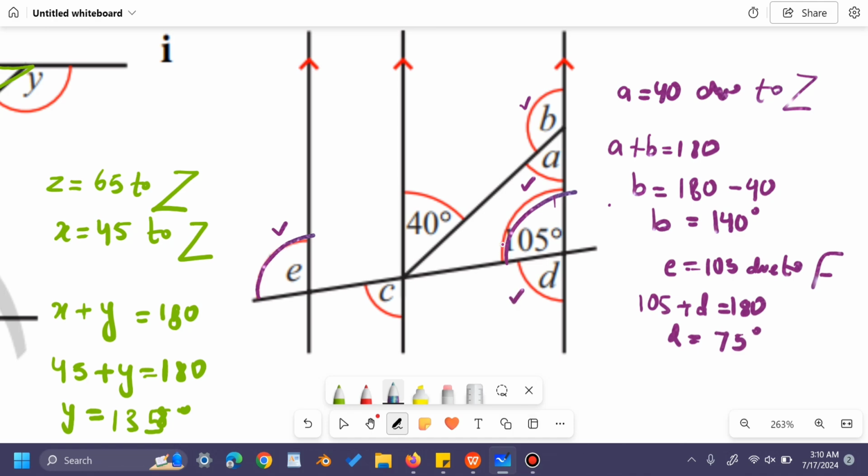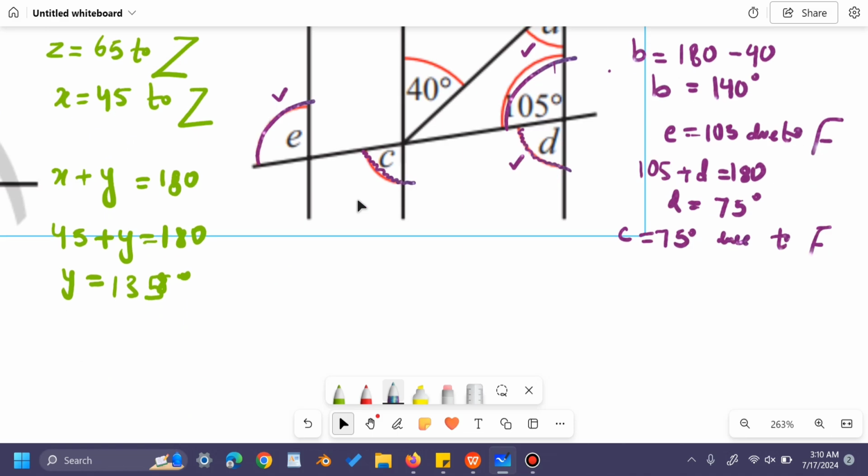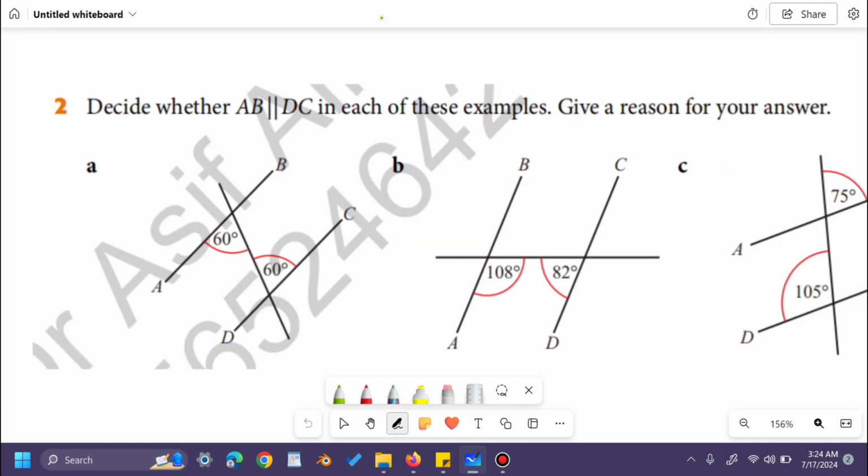Now for finding C, as D is 75, we can also conclude C is also 75 due to corresponding angles. So 75 degrees due to corresponding angles.